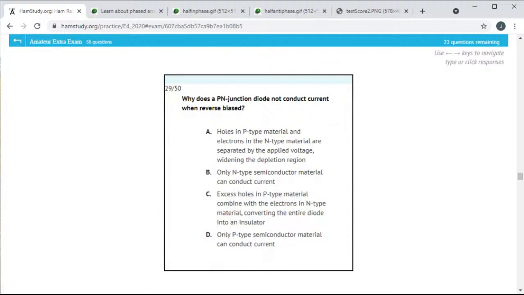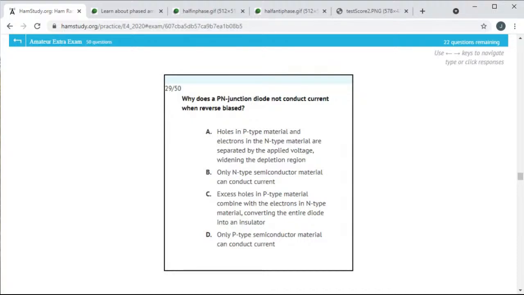Why does a PN junction diode not conduct current when reverse biased? A, holes in the p-type material and electrons in the n-type material are separated by applied voltage, widening the depletion region.